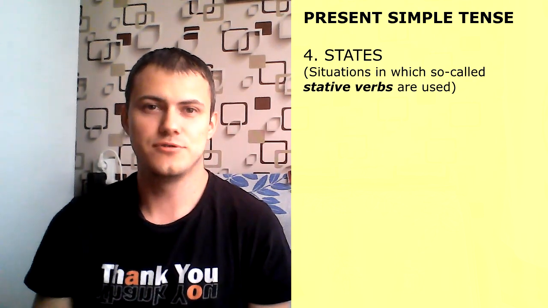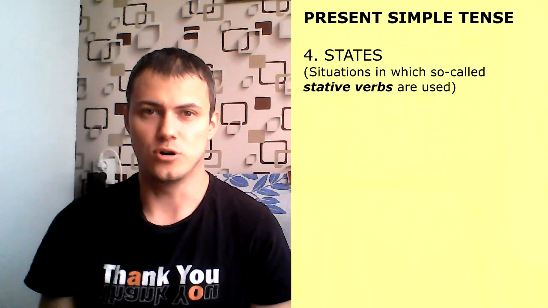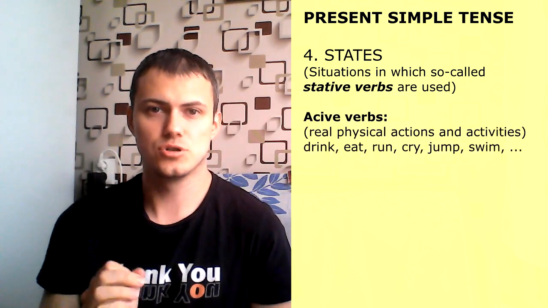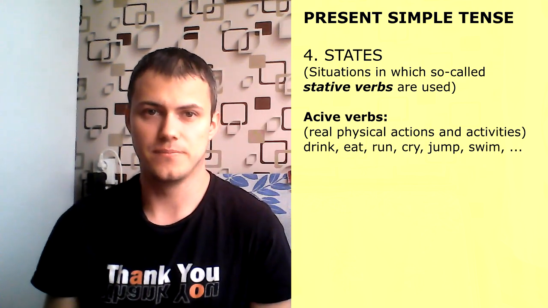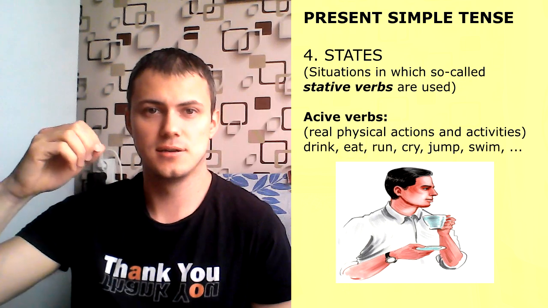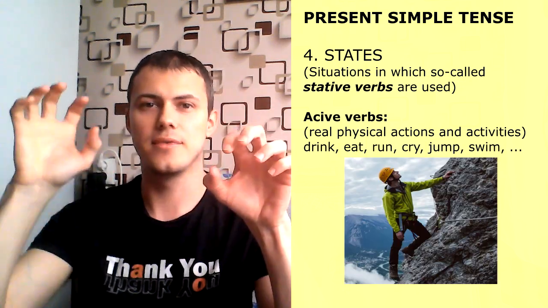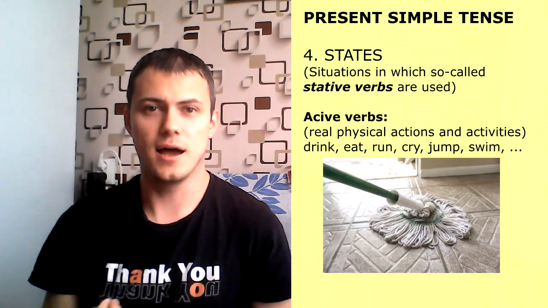What's the difference between active verbs and stative verbs? Well, active verbs show real physical activities. For example, I drink tea. I climb the mountain. I wipe my floor every morning.